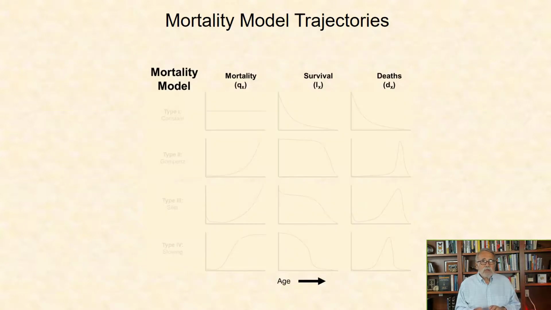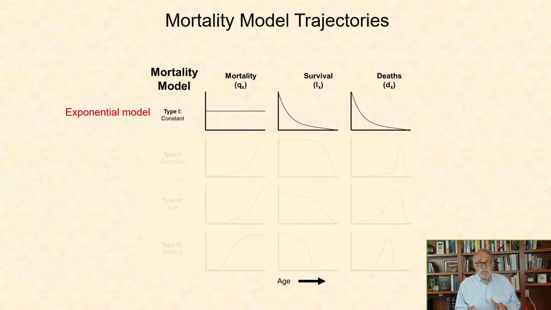I will finish this module by showing graphs of the age-specific mortality model trajectories for the different models or groups of models, as well as the trajectories of survival and deaths. The first and simplest is the exponential model with constant mortality, as you see in the QX as a flat line, and that results in a geometrically decreasing survival and death trajectories.